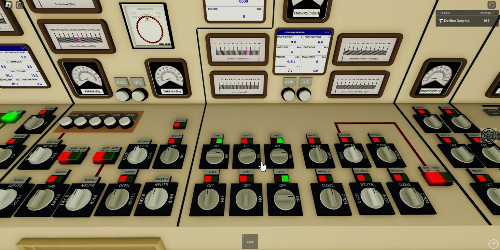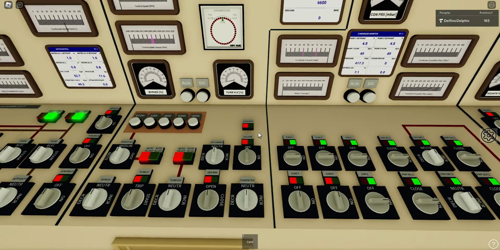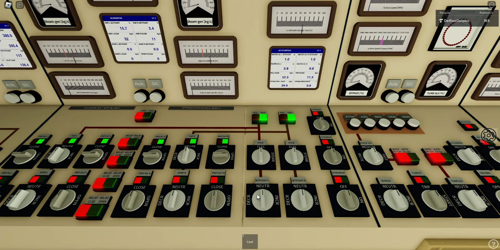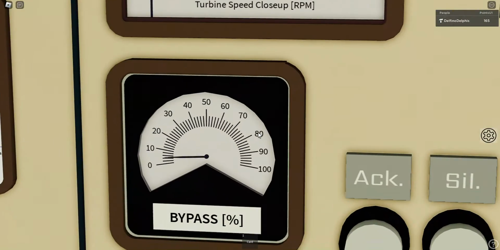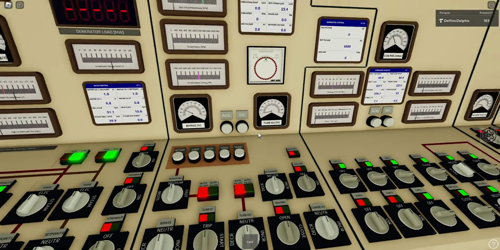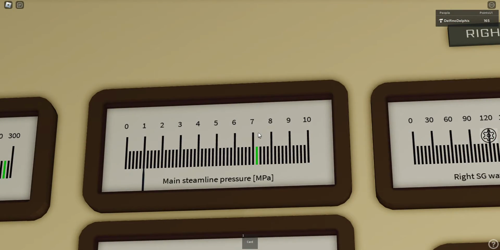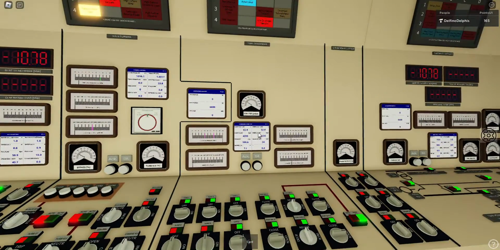We should use 2 at the moment, and we have 2 circulation pumps. I will just enable them, put it on auto control, and on the turbine panel I will open bypass to around 20%, which is the setting for the startup. So now we are sending steam from the main steam line into the condenser.